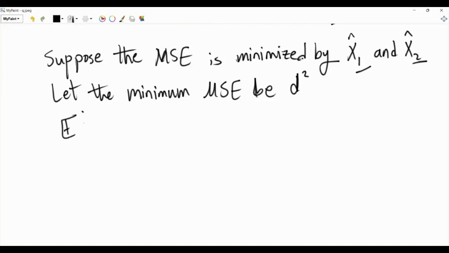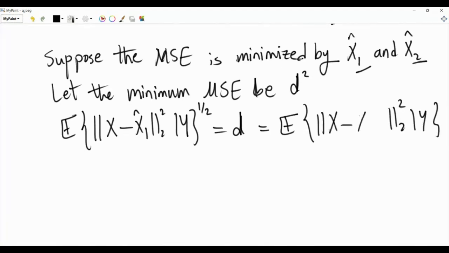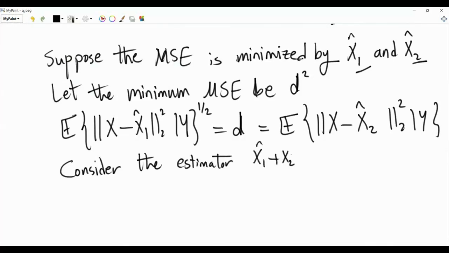So this means that the expectation of the L2 norm squared of x minus x1 hat given y, if we take the square root, is d, and also this is the conditional expectation given y of the L2 norm squared of x minus x2 hat. Consider the estimator x1 hat plus x2 hat over 2. So let's basically make our estimate for vector x be the average of these two vectors.